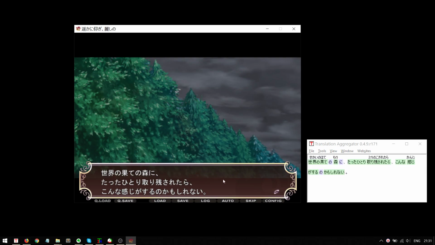世界の果ての森にたった一人取り残されたらこんな感じがするのかもしれない。世界の果て is at the edge of the world.